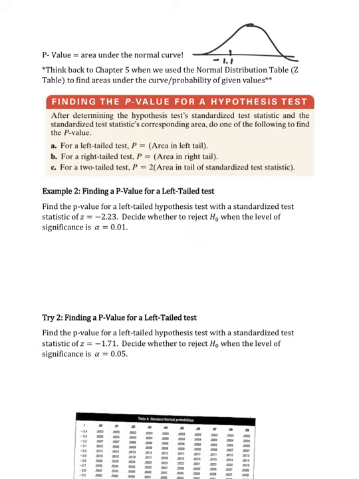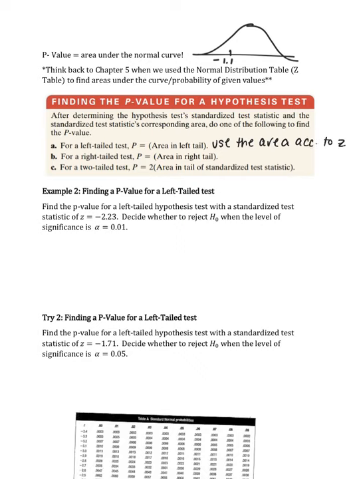So finding the p-value for a hypothesis test: after determining the standardized test statistic and the standardized test statistic's corresponding area, you do one of the following to find the p-value. So if it's a left-tailed test, it's just the area in the left tail. So if we recall using these z-scores, it would just be use the area according to the z-score, okay?